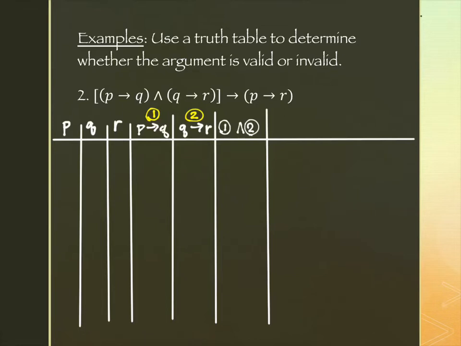P arrow R. Then what? Yes. Okay, so I'll label it 3. I'm going to label the 1 and 2 as 3. I'm going to label the P arrow R as 4. And my last statement's going to be what? 3 arrow 4. It's going to be all of it.